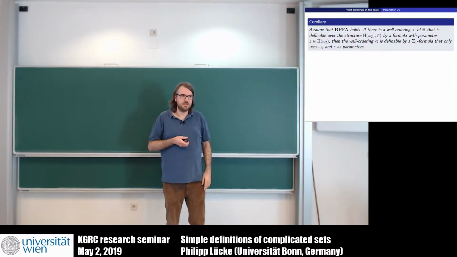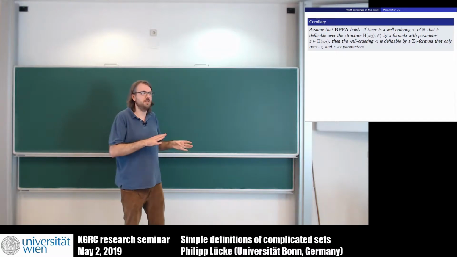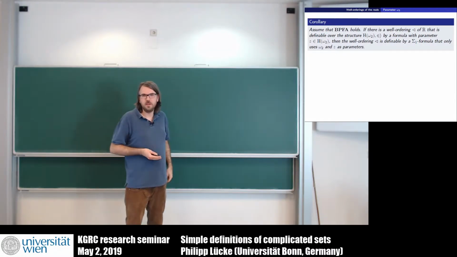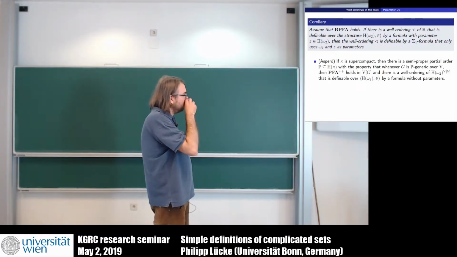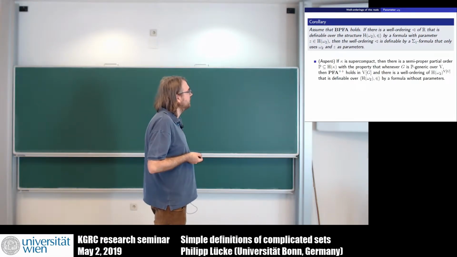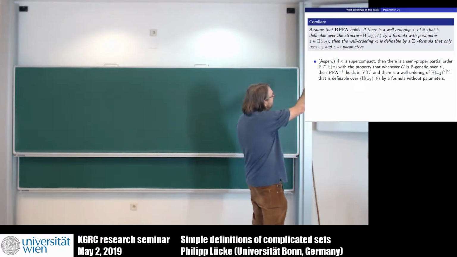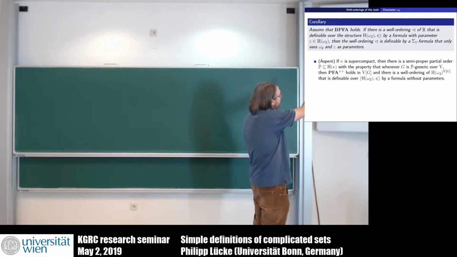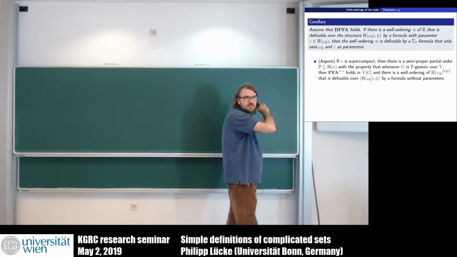So you have a definable well-ordering of arbitrary complexity in H omega-2, and this will now be sigma 1 in V. But now we can use results of Aspero and Larson that tell us that we can force such a definable well-ordering that uses no parameters at all together with strong forcing axioms, and we can force this by set-size forcing.